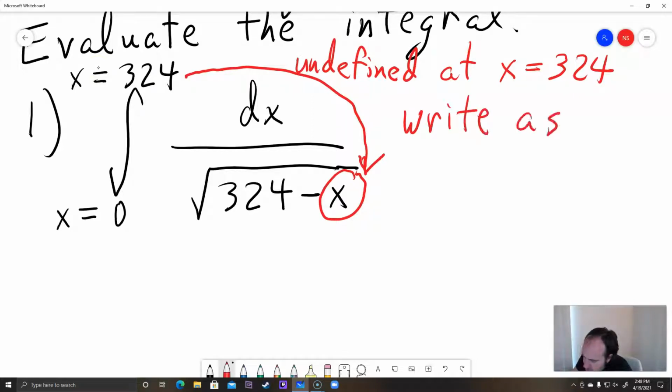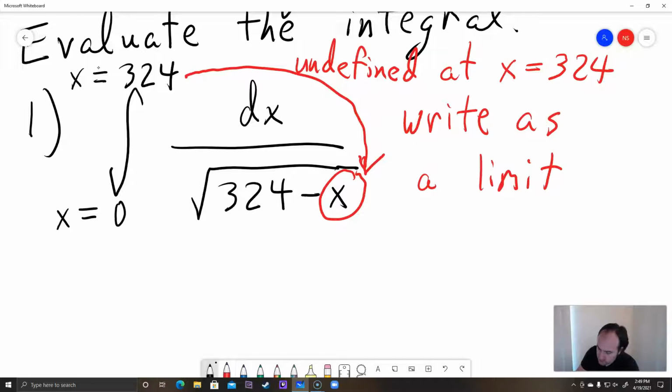Because it's the upper limit of integration that's the problem, we're integrating from 0 to 324 and the upper limit is 324, so that's the one we write as a limit.